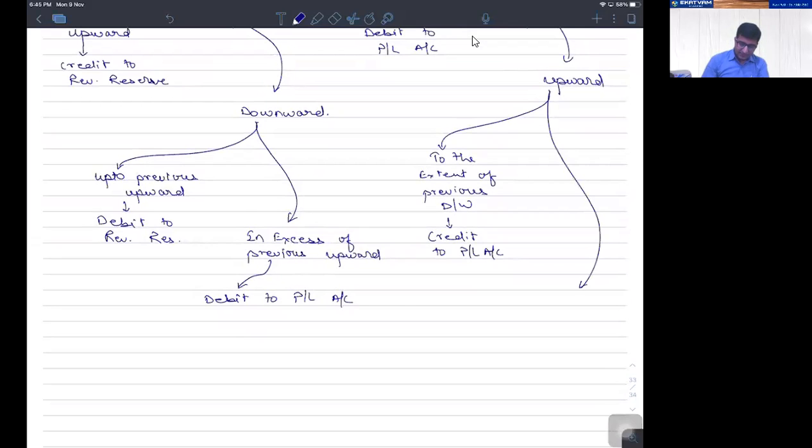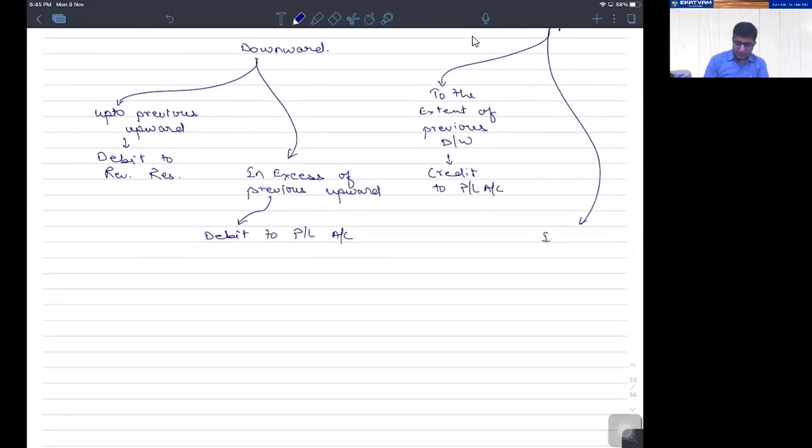And if it is in excess of previous downward, what will you do? You'll credit it to what? Revaluation reserve account. Right?